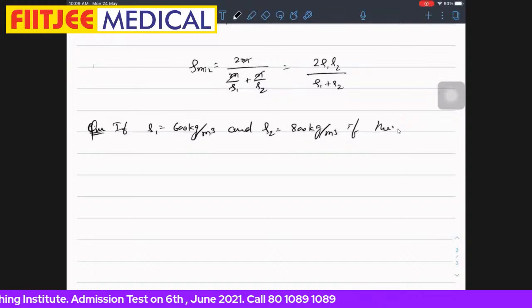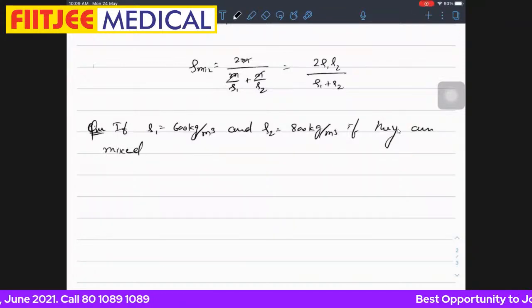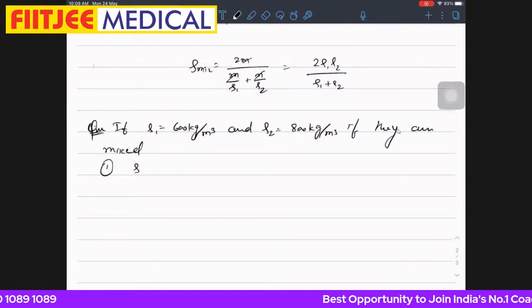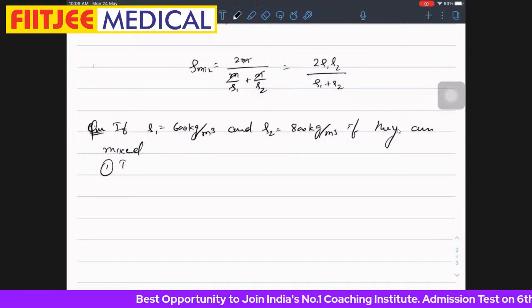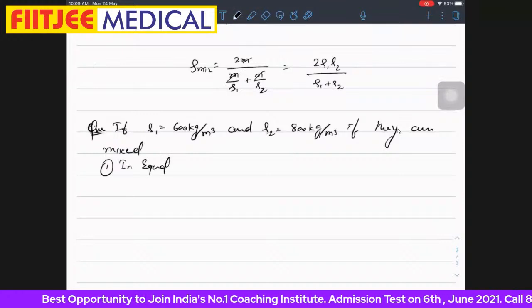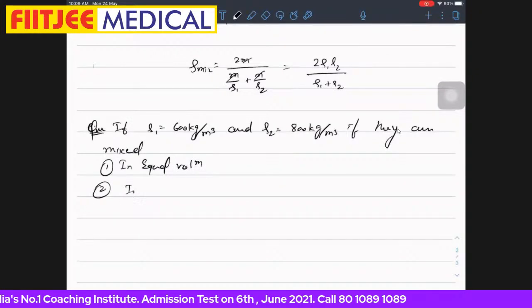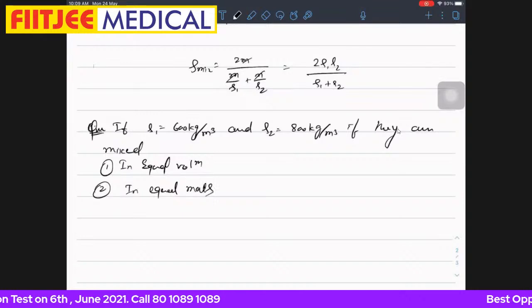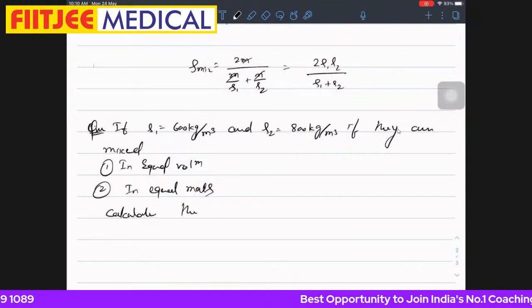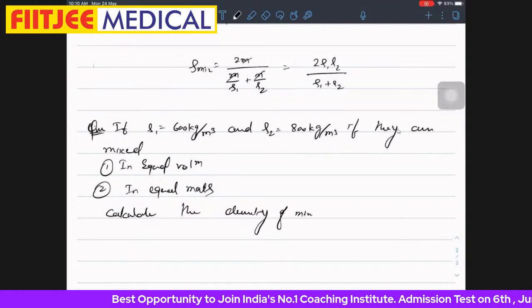If they are mixed, condition 1, in equal volume, condition 2, in equal mass, calculate the density of the mixture.